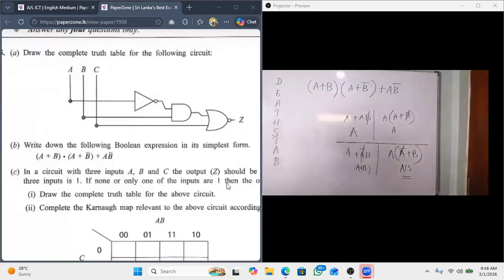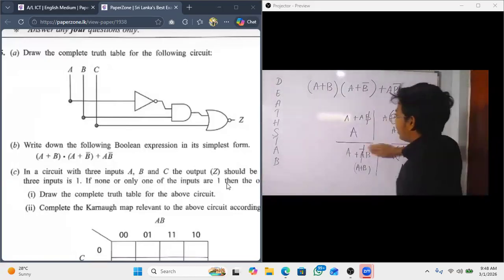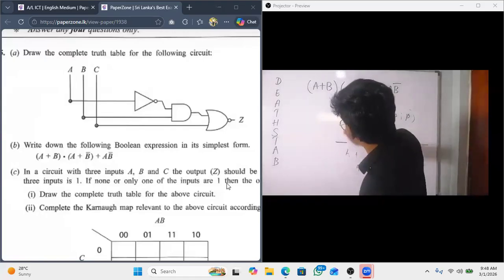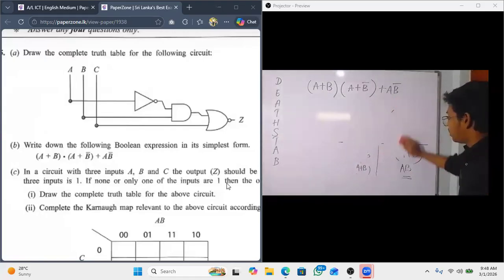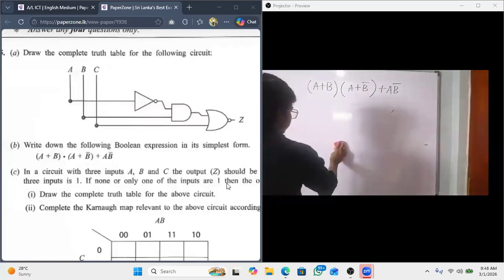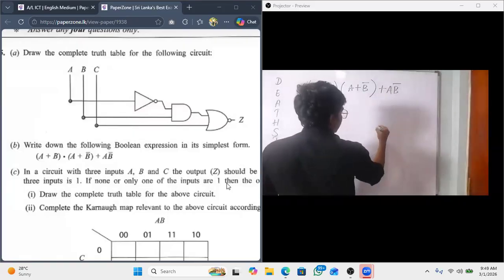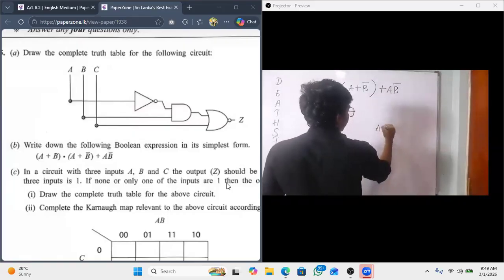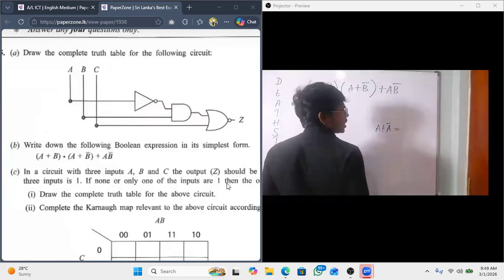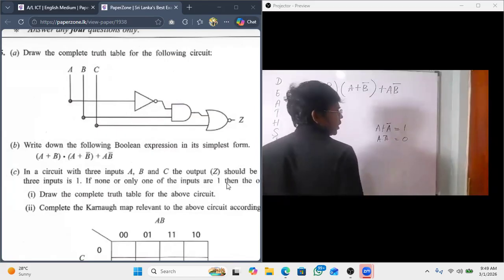Let me just quickly recap. Absorption, death stab. Okay. This is how you should use the absorption law. Then you can do the tidy up. Tidy up means you can apply the complement laws and cancel off. A plus A bar means what? 1. A dot A bar means what? 0.